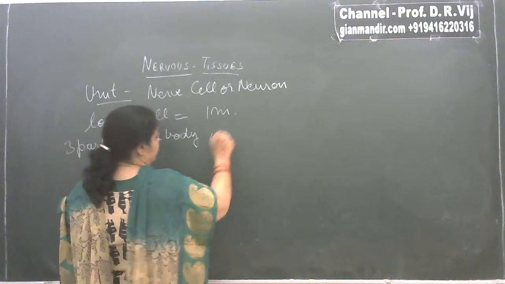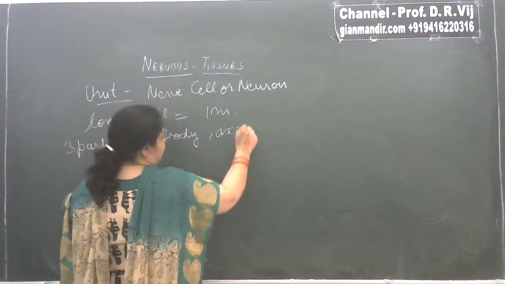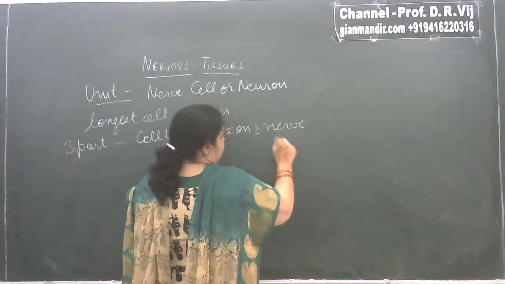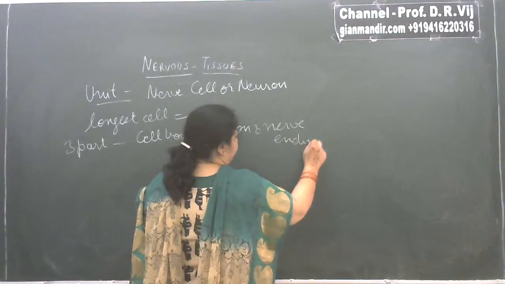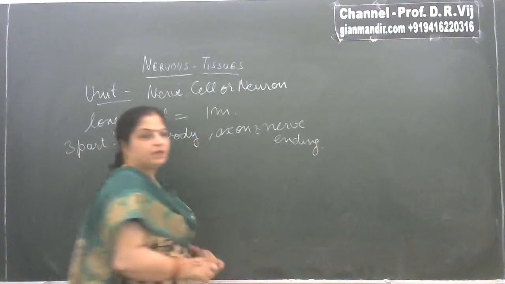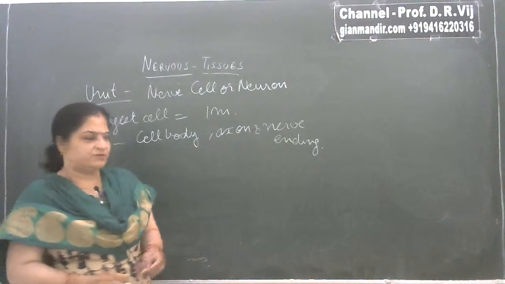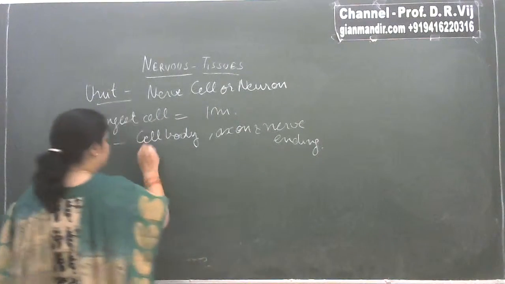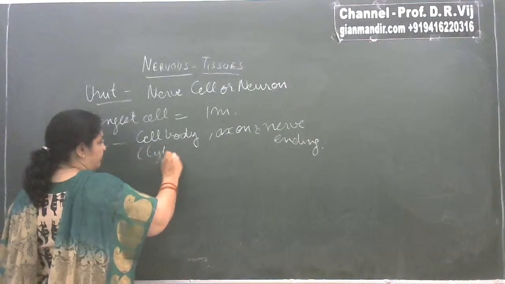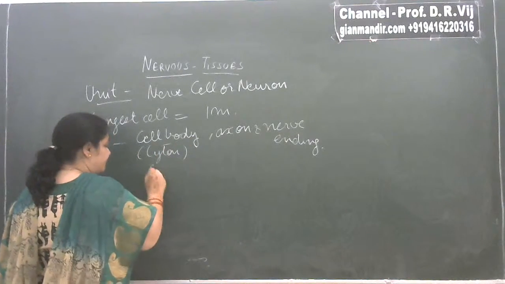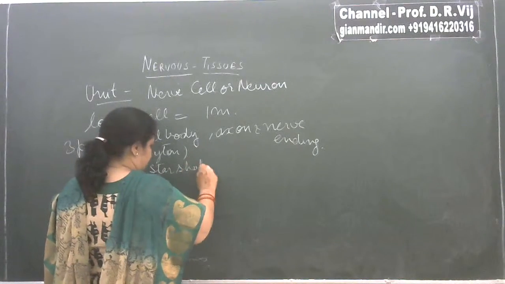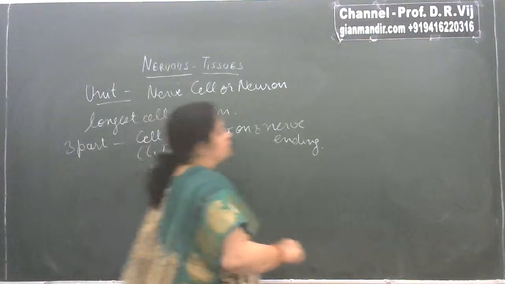and these are the cell body, axon and nerve ending. If you look at the structure of the nerve cell, the cell body, which is also known as cyton, is an almost star-shaped structure.